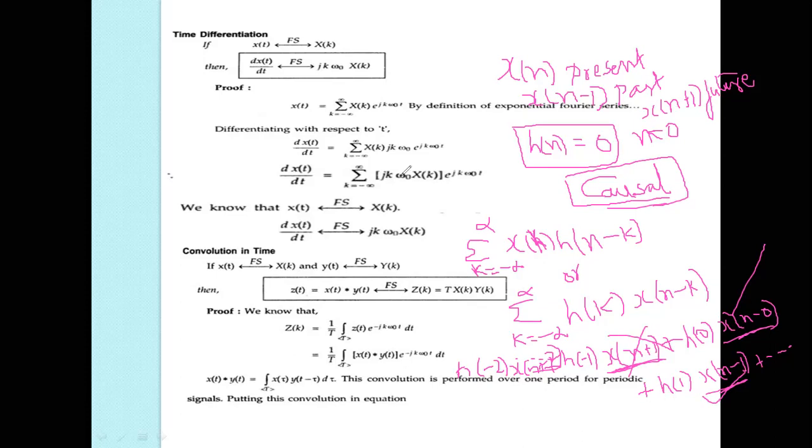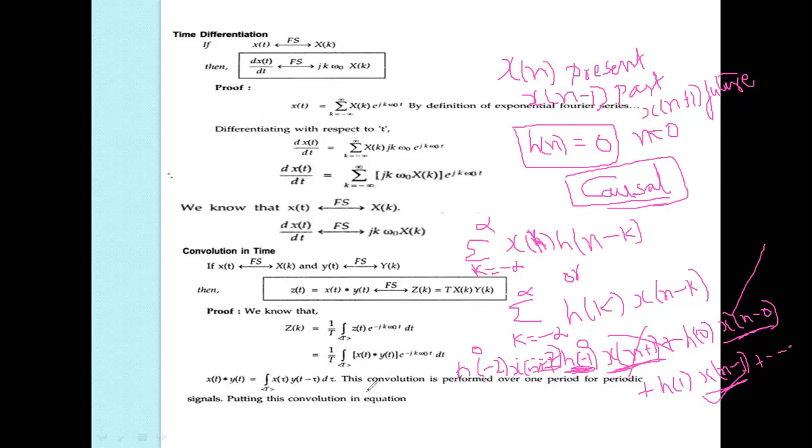So we can substitute h of n is equal to 0 when n is less than 0. See here, when n is equal to minus 1, h of minus 1 is 0. When n is equal to minus 2, h of minus 2 is 0. When n is equal to minus 3, h of minus 3 is 0.